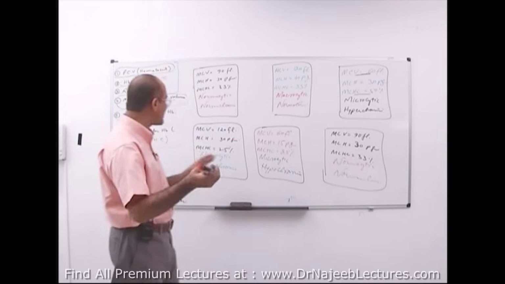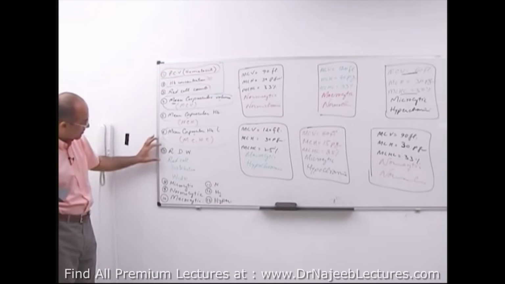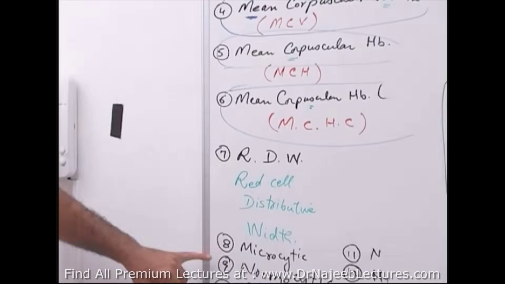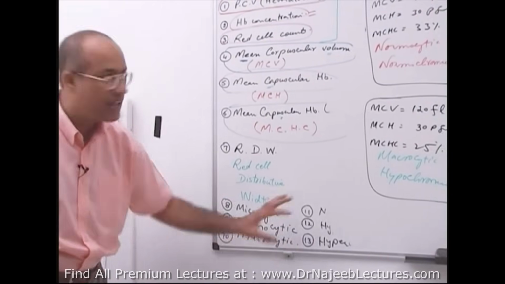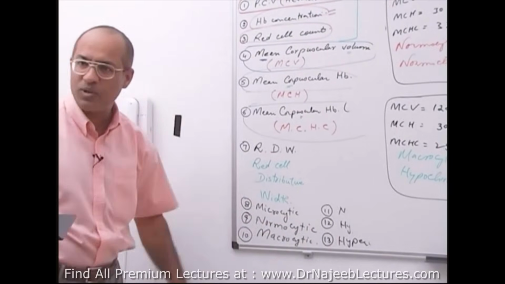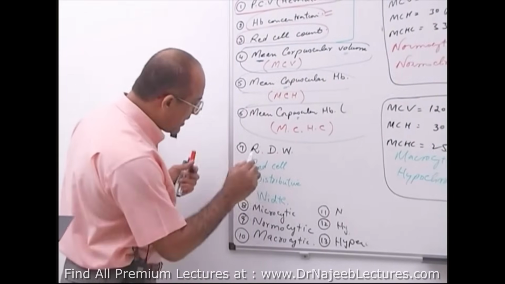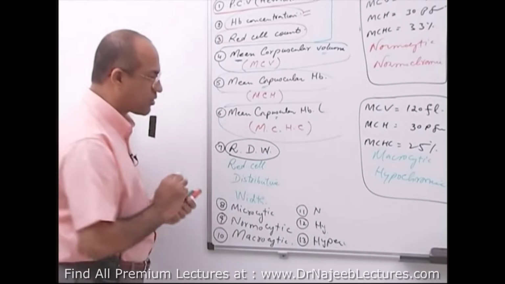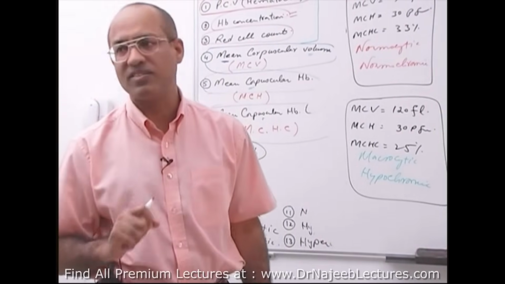Now we do the last thing, which I did not discuss. We have not discussed red cell distribution width, but we have talked about microcytosis, normocytic, macrocytic, normochromic, hypochromic, hyperchromic. Can you integrate all this information, how it is linked with each other? In the end, red cell distribution width is a concept related with variation in the size of red blood cells.